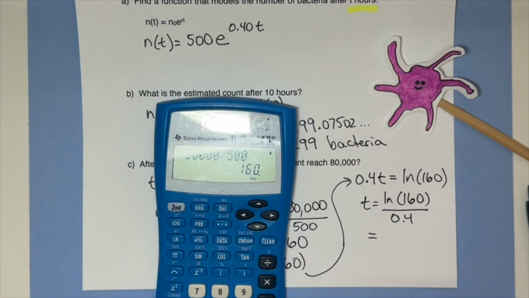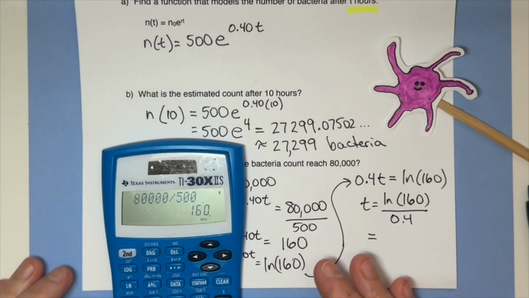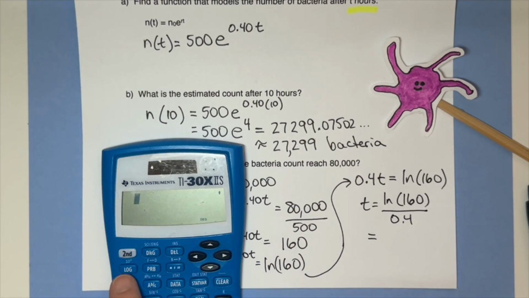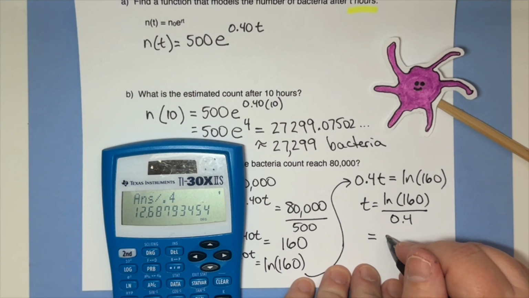Let's calculate that. Okay, so I'm going to get my natural log key, 160. And I'm going to hit enter, and then I'm going to divide by 0.4.